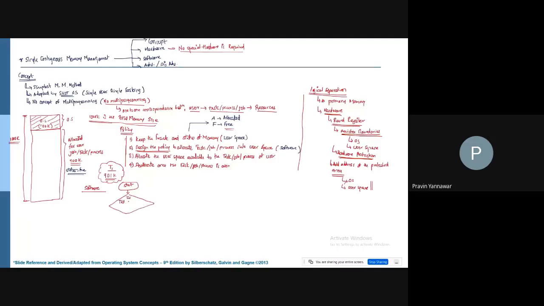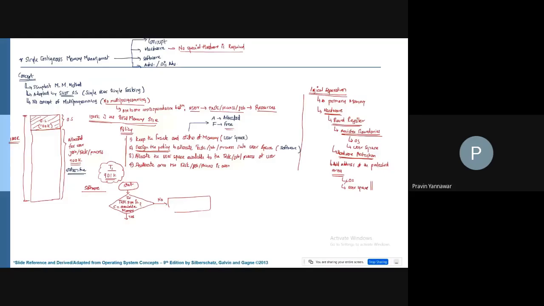We'll say start, and then at first what we are going to check is whether task size is less than or equals to available memory. So there are two conditions. Either it is yes, or it is no.